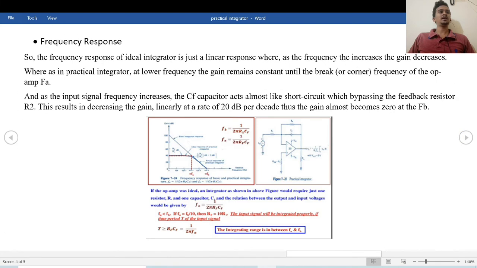The ideal integrator circuit provides a linear response where as the frequency increases the gain decreases, as you can see here.